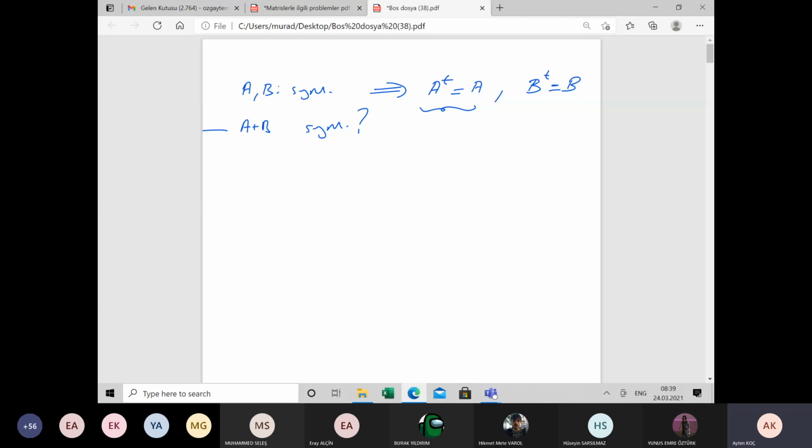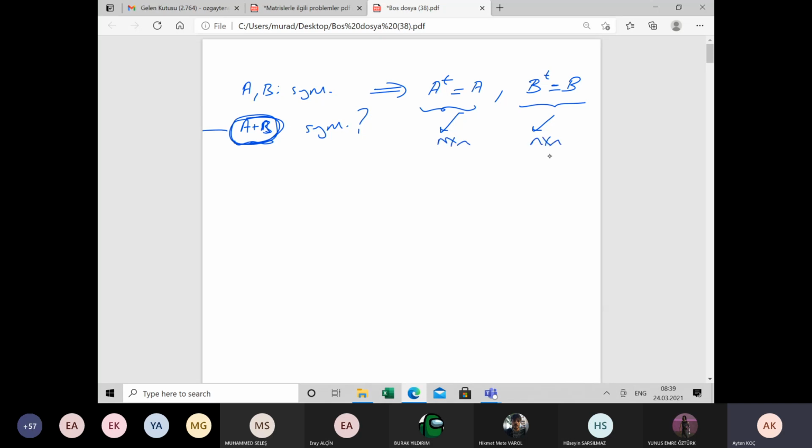Of course, for the question that A plus B is symmetric, the sum gives a matrix of the same dimension. Otherwise, this sum is undefined. So this one is a square matrix, and this one is a square matrix. We can mention that for the matrix A plus B, the row and column dimension is n by n.